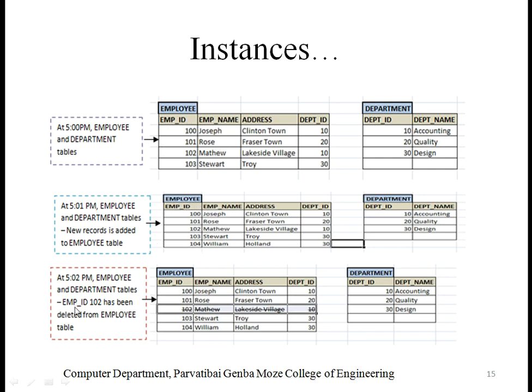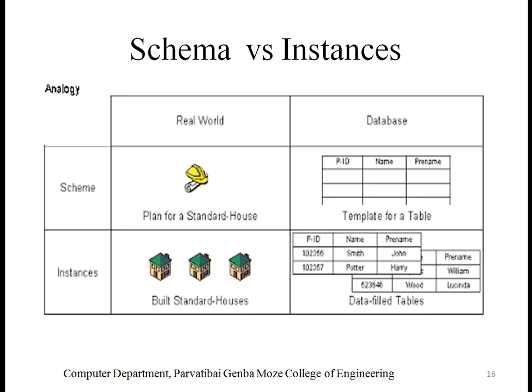Then again after this time, at 5.2, the employee table contains again 4 records. This is simply the instance of a database at a different time. Okay, that is simply the instance concept in the database.